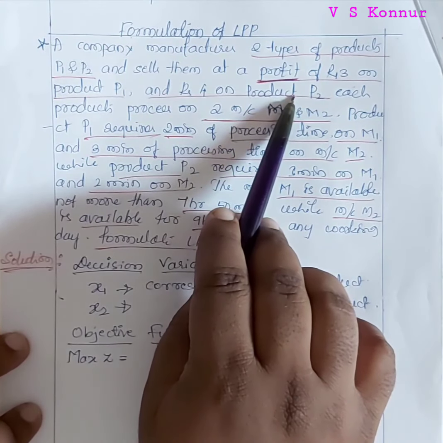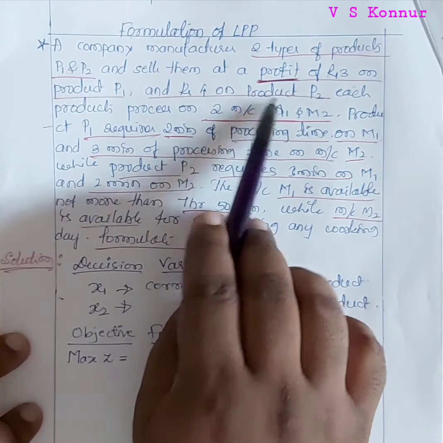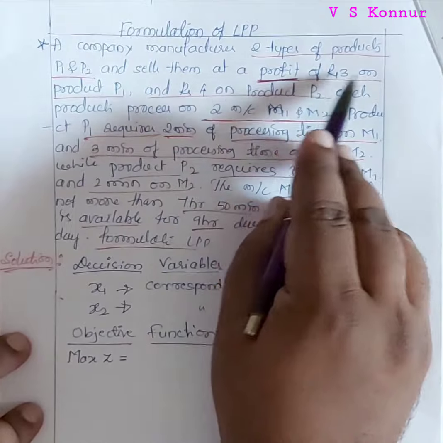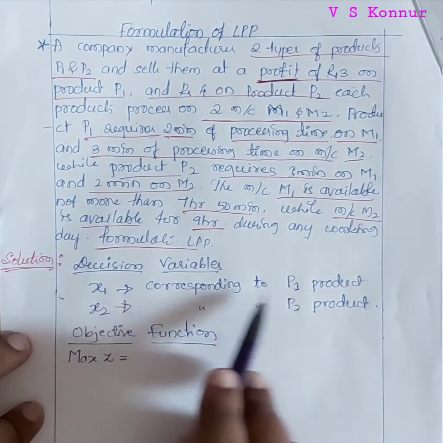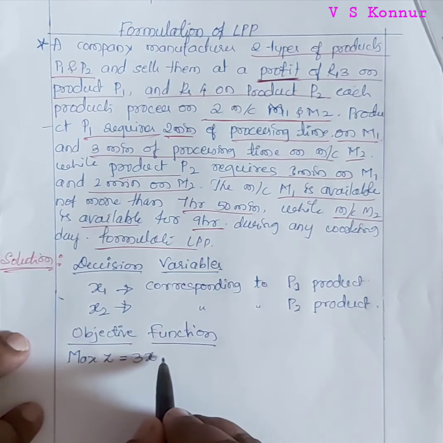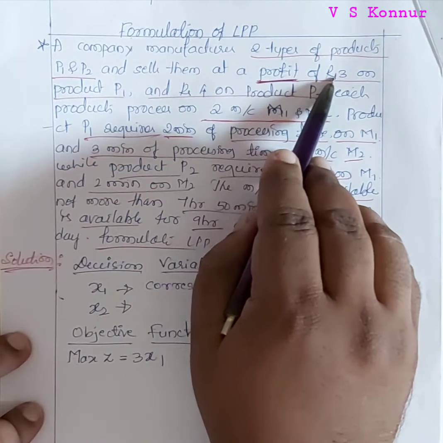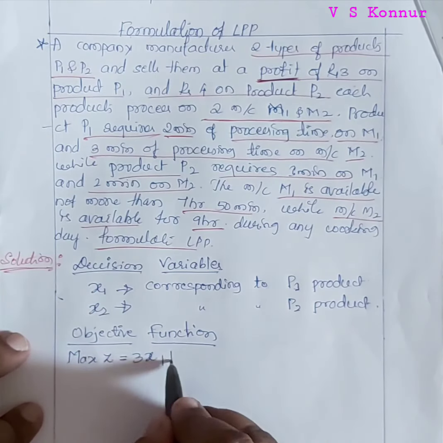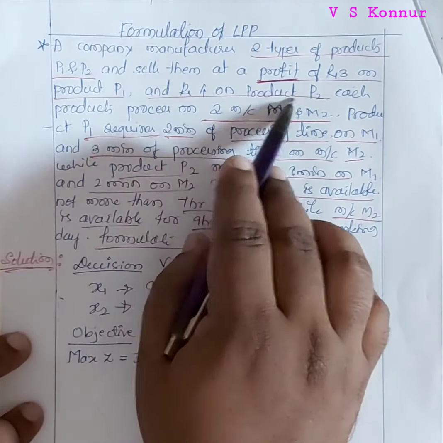Whatever profit we obtain from P1 and P2 is called maximization of z, that is rupees 3 on product P1. For P1 we have defined X1, because of that it is 3X1. Next, rupees 4 on product P2.